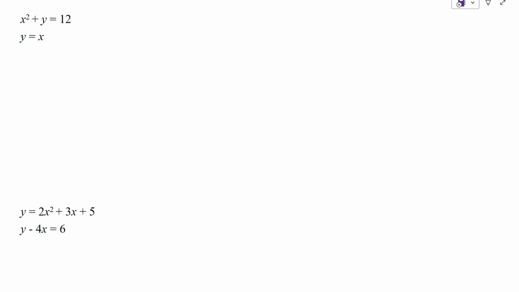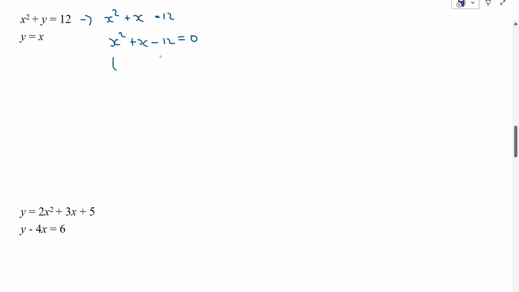The linear equation already has y as the subject, so we can skip the first step and just go ahead and substitute this in. So whenever we see y, we are going to sub in x. So this equation now becomes x squared plus x equals 12. Now we need this to equal 0 so we can factorize. So this now becomes x squared plus x minus 12 equals 0.